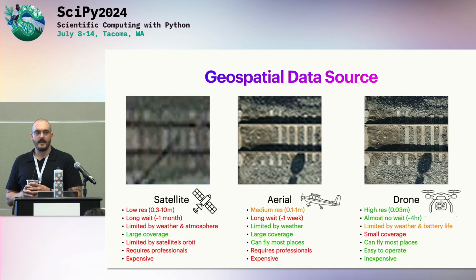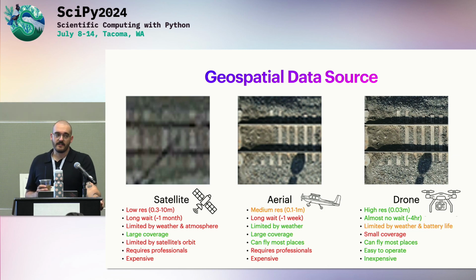It's in the meters to 10-meter range. And if you go to commercial, more inexpensive satellite imagery, it can be in the 30-meter range. So pretty low resolution. And then you're affected by your weather and your atmosphere, mostly your atmosphere. A lot of the atmosphere gets in the way, and it can mess with the imagery that you read off the pixels.